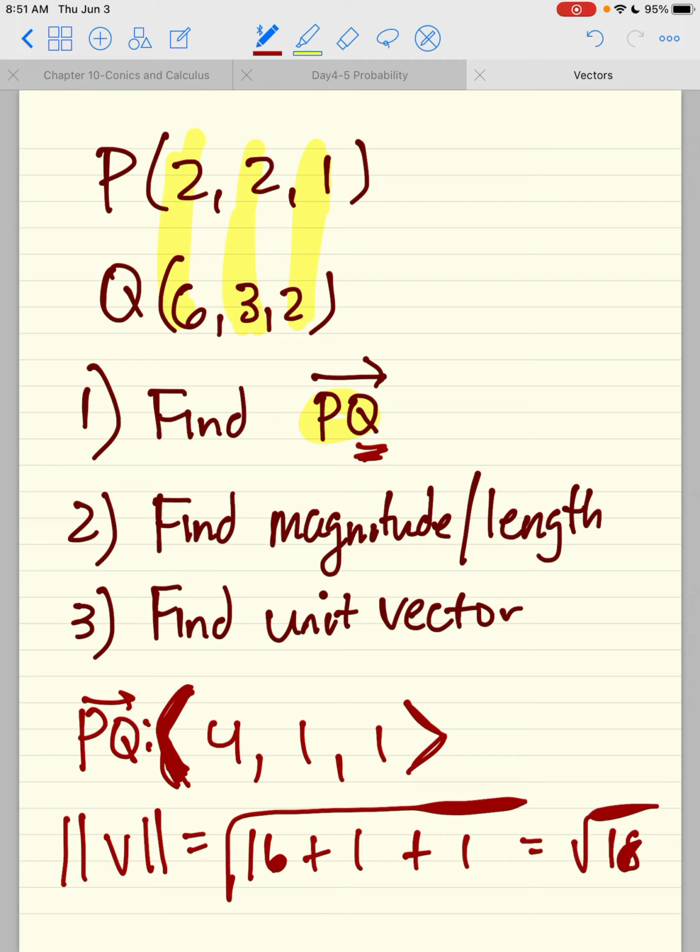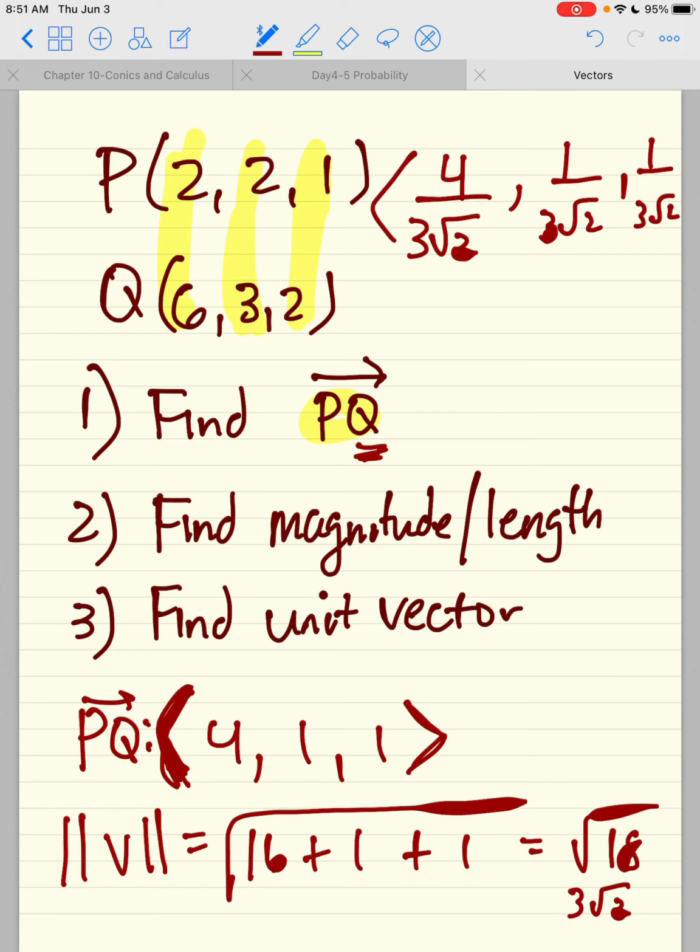So that's going to be the square root of 18, which is 3 radical 2. Now we're just going to take each component, and we're going to say 4 over 3 radical 2, comma, 1 over 3 radical 2, and then 1 over 3 radical 2. That's how you find the unit vector. Come back for the next video.